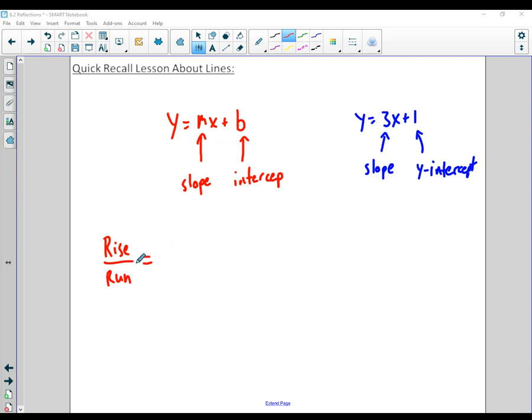And then we use rise over run for the slope to help graph. What I mean by rise is the change in y, and run is the change in x.